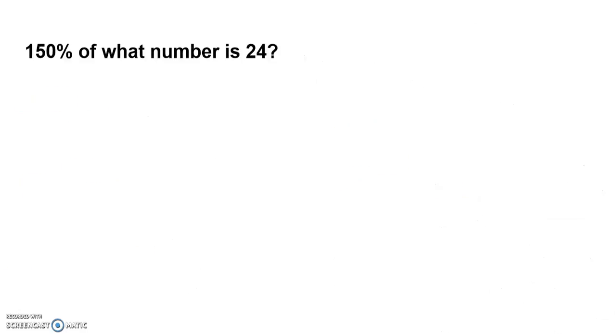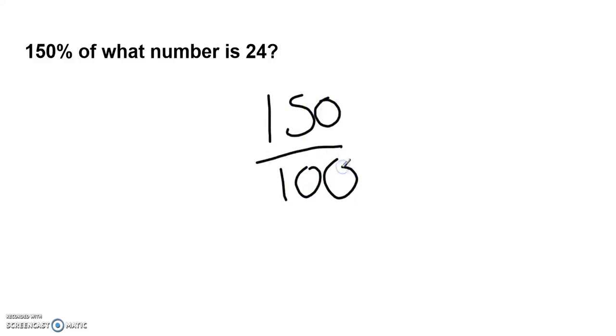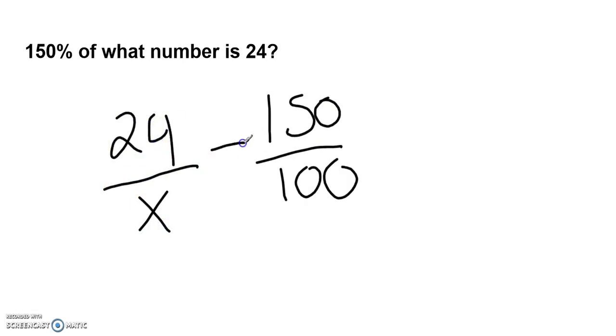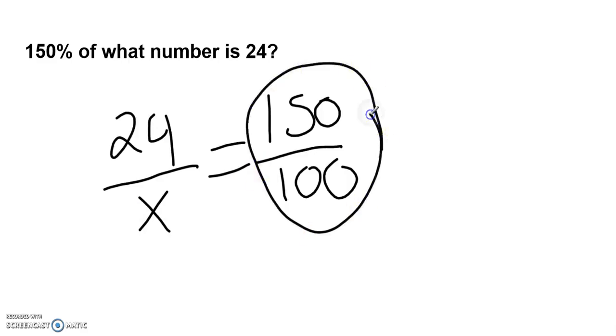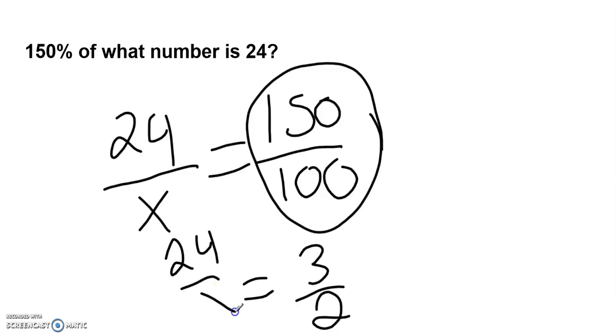Okay. So, thinking of that thing, we have 150 over 100. And then the is at the top. And the of, we don't know. And that's our setup then. I'm going to simplify this. So I get 3 halves because 50 goes into 150 3 times, and it goes into 100 twice, and then 24 over x.